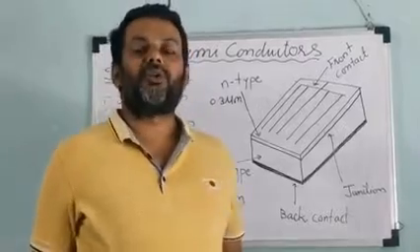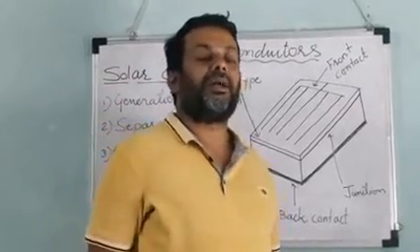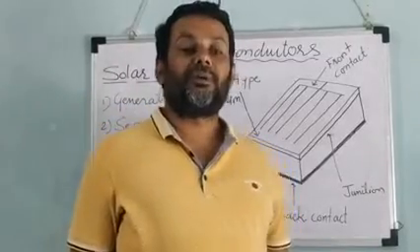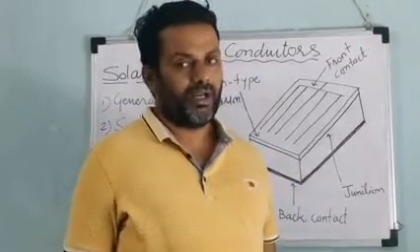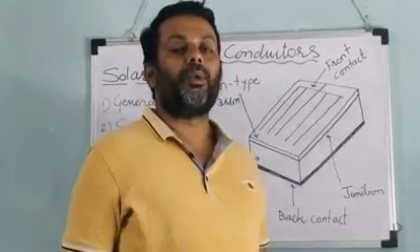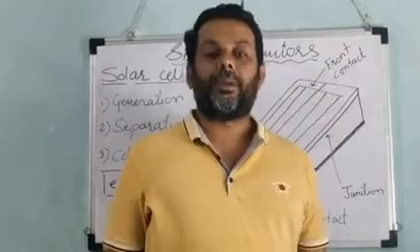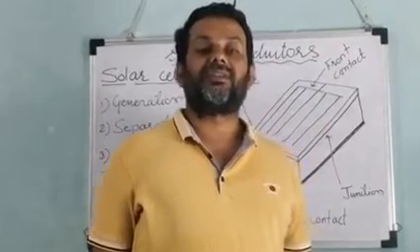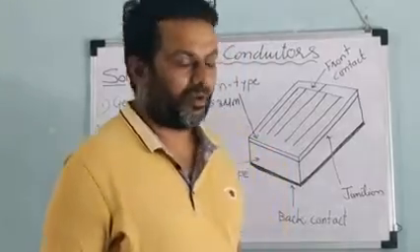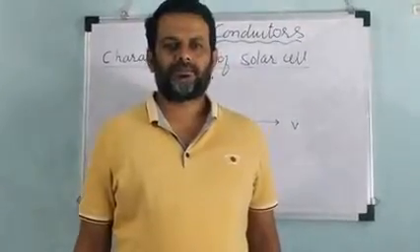Because of the accumulation of a large amount of charge at the front contact and the back contact, a large potential difference is developed between the two electrodes. When an external load is connected between the two electrodes, current starts to flow through it, and in this way the solar cell converts solar energy into electrical energy.